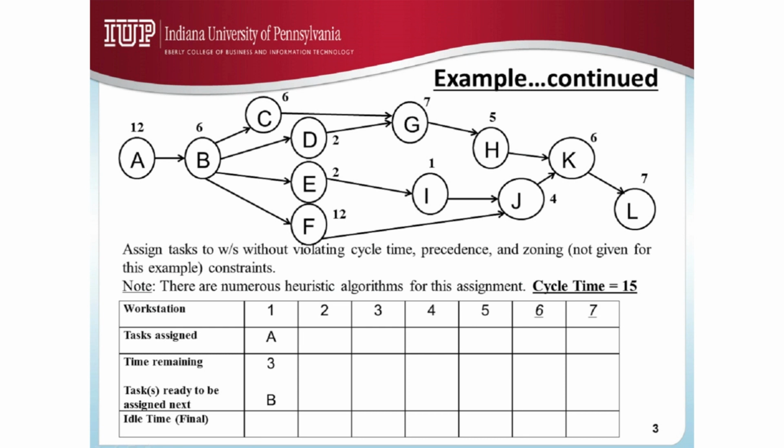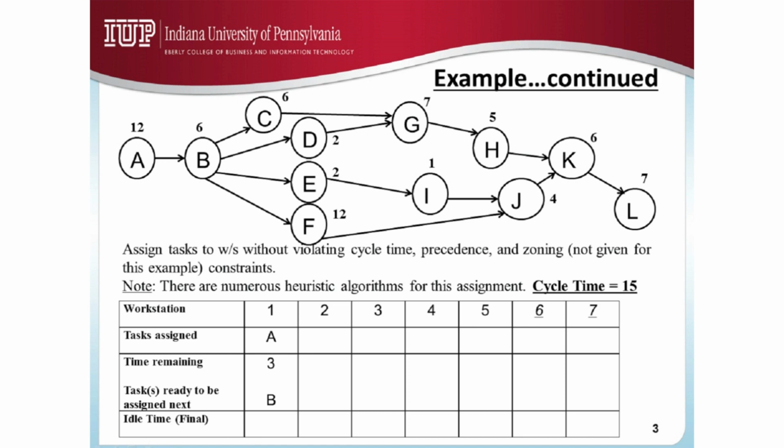I cannot assign A and D, for example, in workstation 1, because even though 12 plus 2, 14 minutes for A and D together is less than 15 minutes, you cannot assign D before assigning B, because B is a predecessor of D. So that is what we mean by precedence relationships.